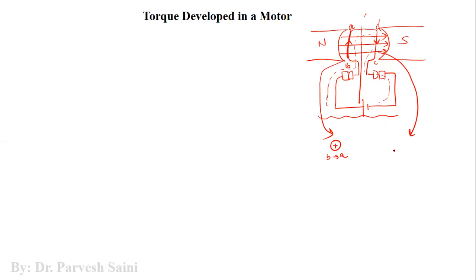Seen from the front, the current is coming towards you, so it is encircled with a dot.